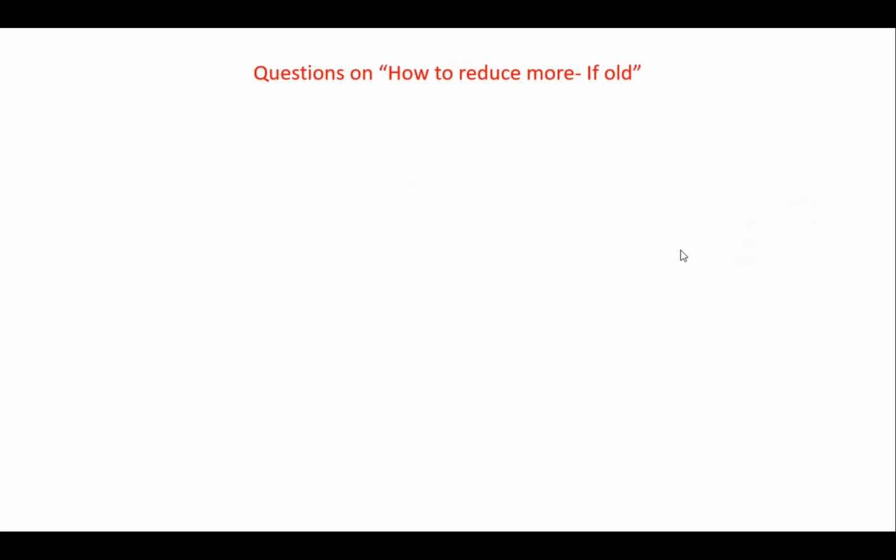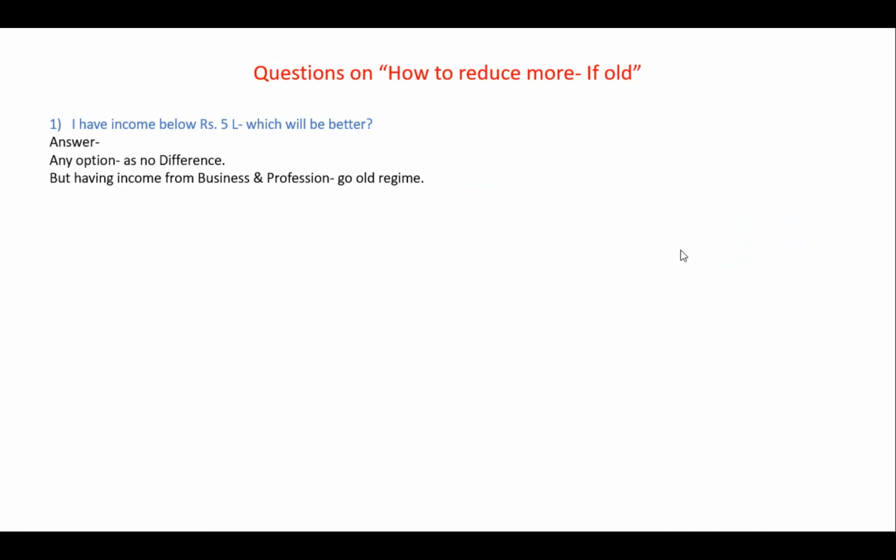Questions on how to reduce taxes more. As I said in my previous slide, I would explain in my next slide how we can reduce your taxes more. First, I have an income below 5 lakh, which will be better? Any option, because as I said, rebate is applicable to both regimes. If your income is up to 5 lakh, then you're not supposed to pay any tax in both regimes.